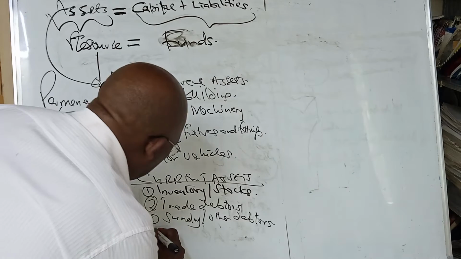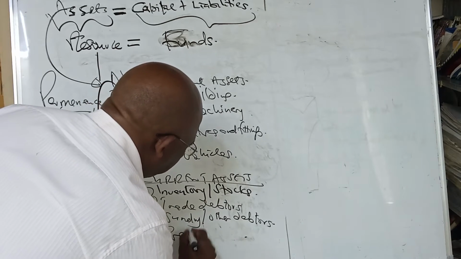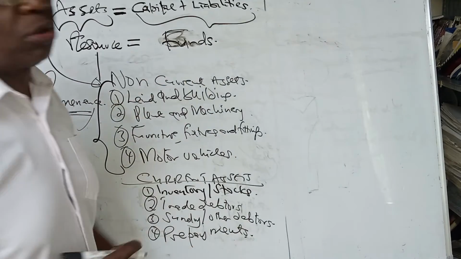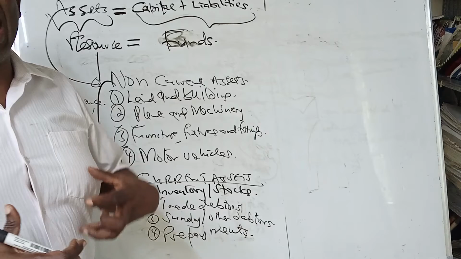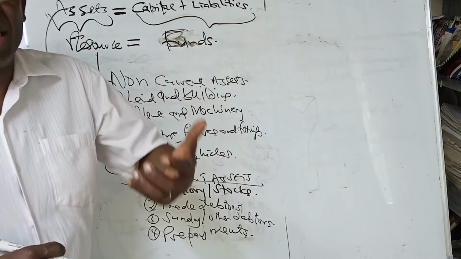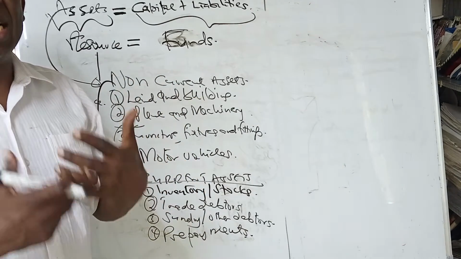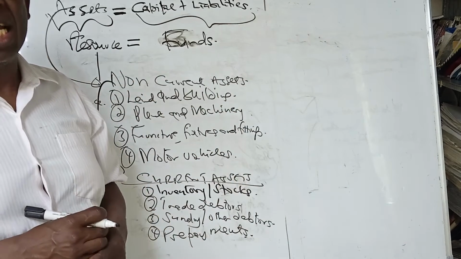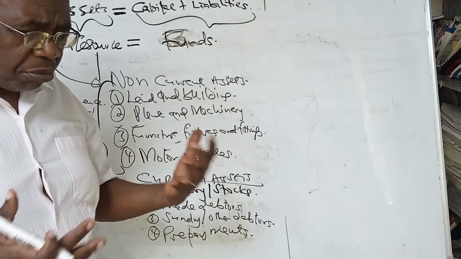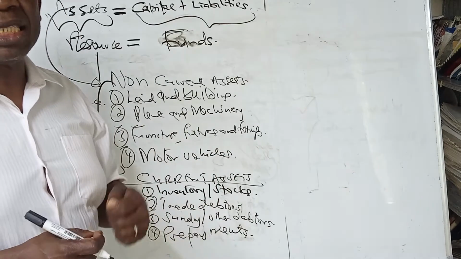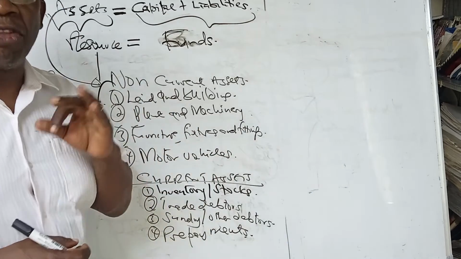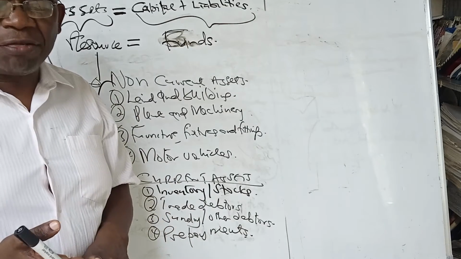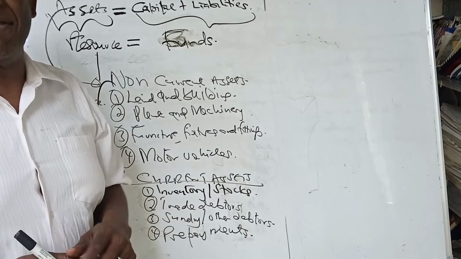From there, we talk about prepayments. What are prepayments? Prepayments are payments made in advance before receiving goods and services. For instance, when you want to start a business, your tenant may want you to pay a deposit for 3 months and rent in advance for 3 months.